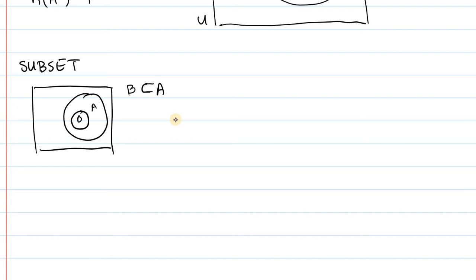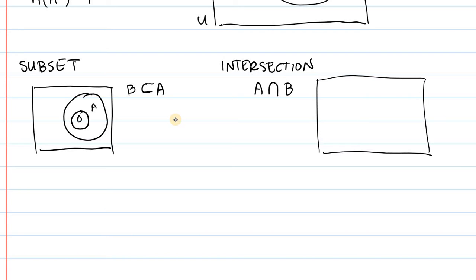Okay? Let's talk about an intersection. So recall from the previous lesson of the notation, we would have A intersection B. So our universe is the rectangle. We're going to have 2 circles. This one will be A. This one will be B. And think for a minute, what was the intersection?